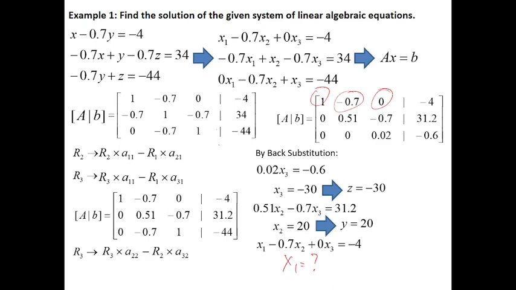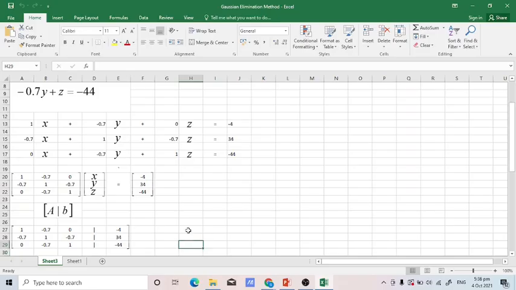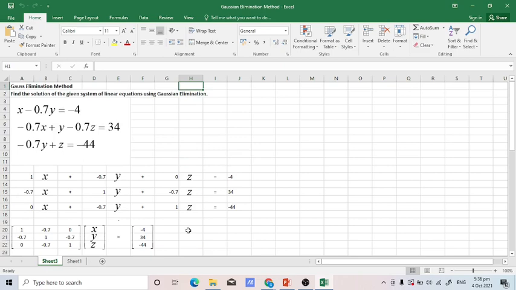Ten po. Okay, so, 10. Any question? So, therefore, x is 10. So, this is the simulation of the problem for the system of linear equations.